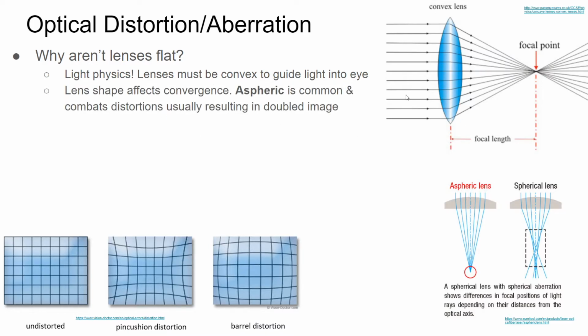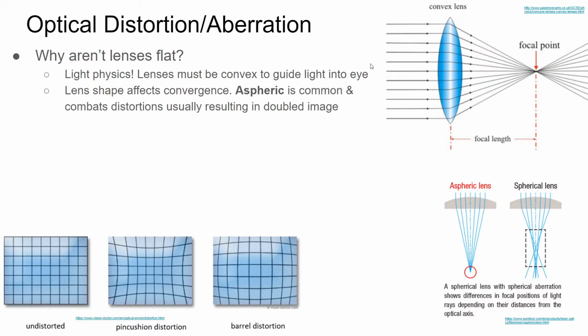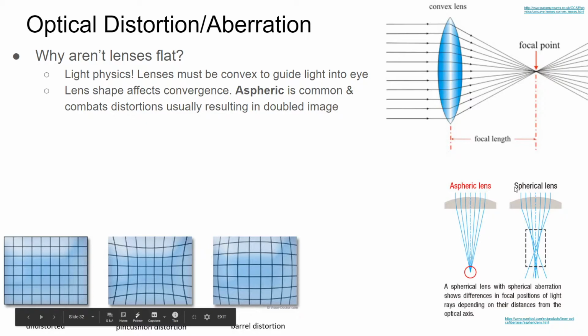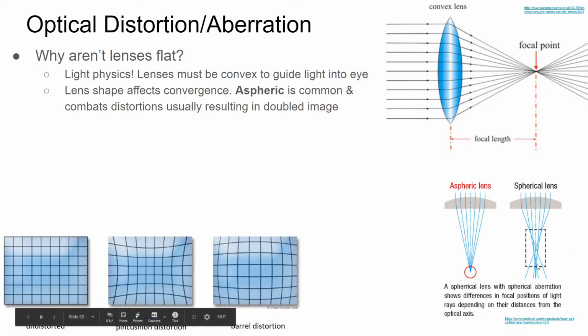And the shape of the lens affects how those light rays converge onto your eye. I have a resource here that explains why aspheric lenses are common, but this image here is good enough to explain. A purely spherical lens doesn't really cause the light rays to converge on a single point. It gets them to converge in a range. And this causes some distortion.